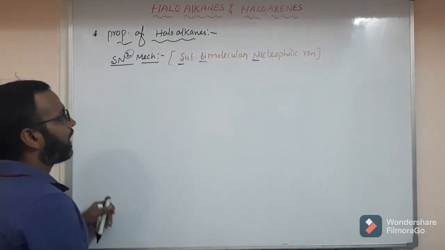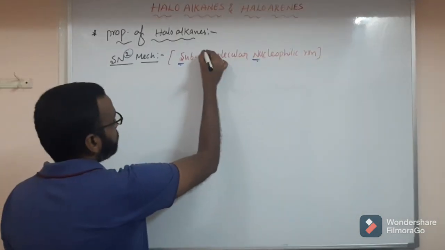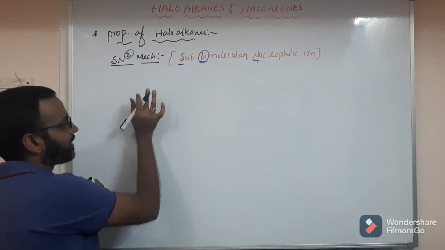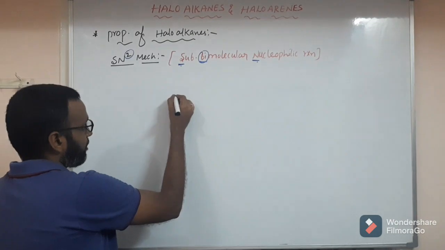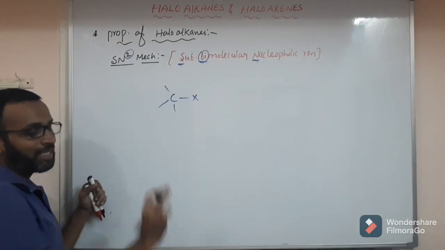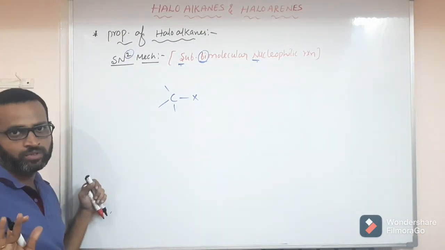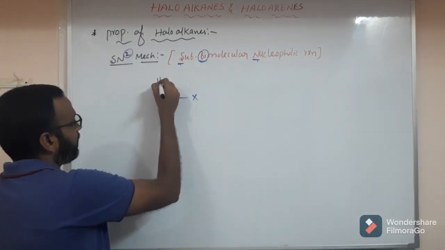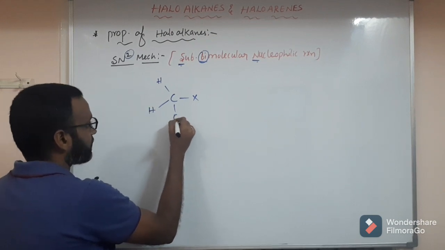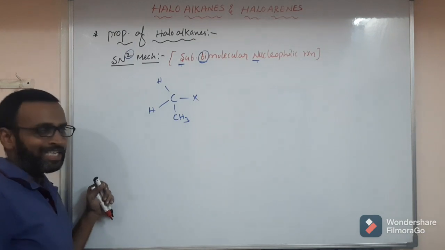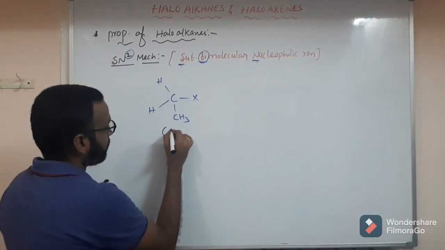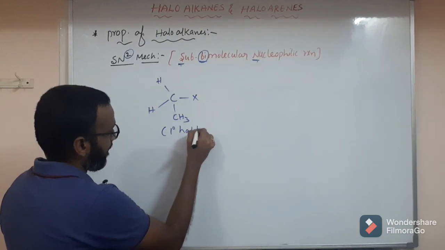SN2, bi means 2, no? Why? In this kind of mechanism you have to consider an alkyl halide which has fewer branches, meaning small groups, like hydrogen, or some methyl group. If branching is less, this is what we call a primary halide.